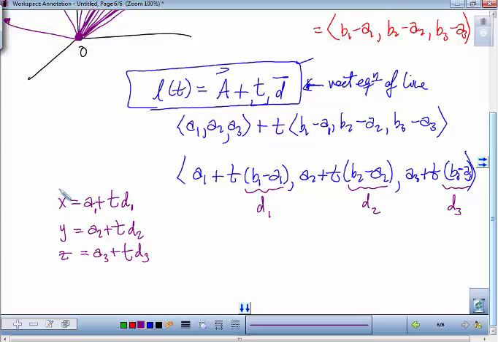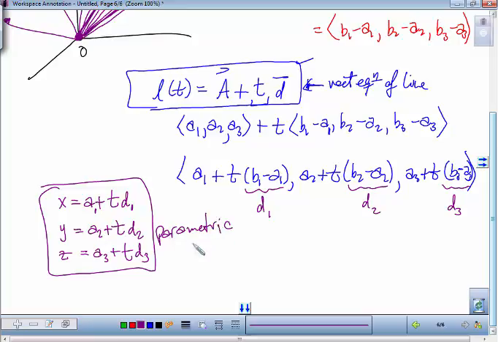So this is your line written in parametric form. Okay.